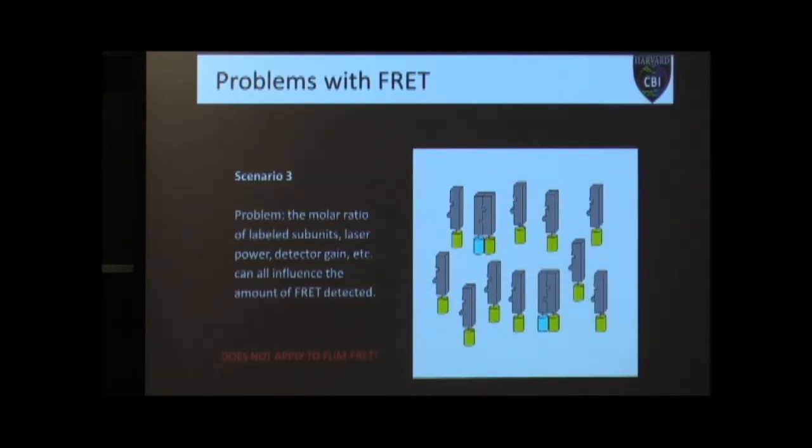And this, once again, with certain types of FRET measurements, so sensitized emission or acceptor photobleaching, it's very difficult to measure this very small amount of FRET that's happening in the sea of YFP. And there's a few other things that can, even if this molar ratio is closer to being even, things like fluctuations in laser power or changes in detector gain can also influence your FRET measurement.